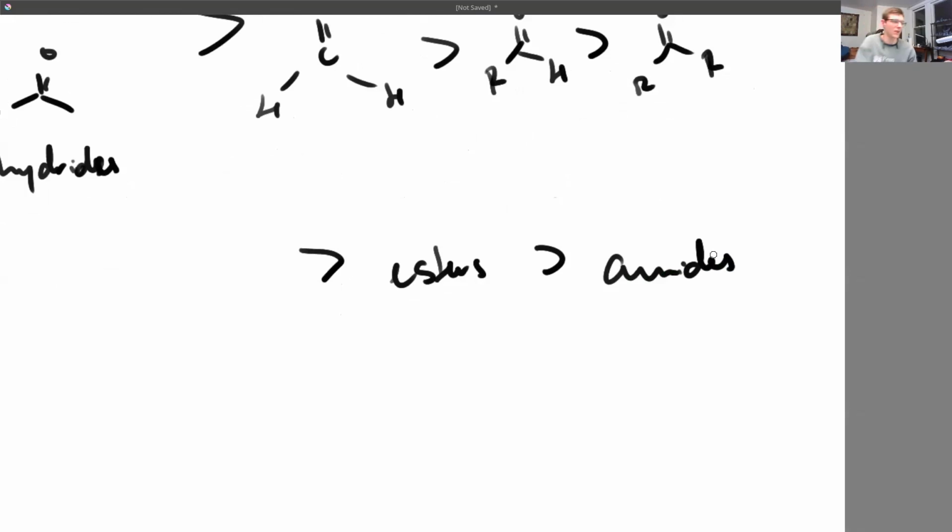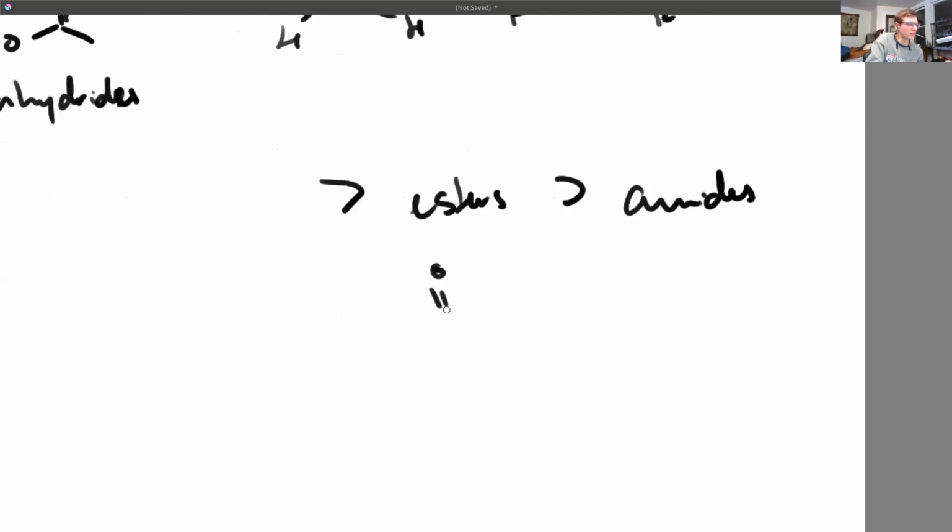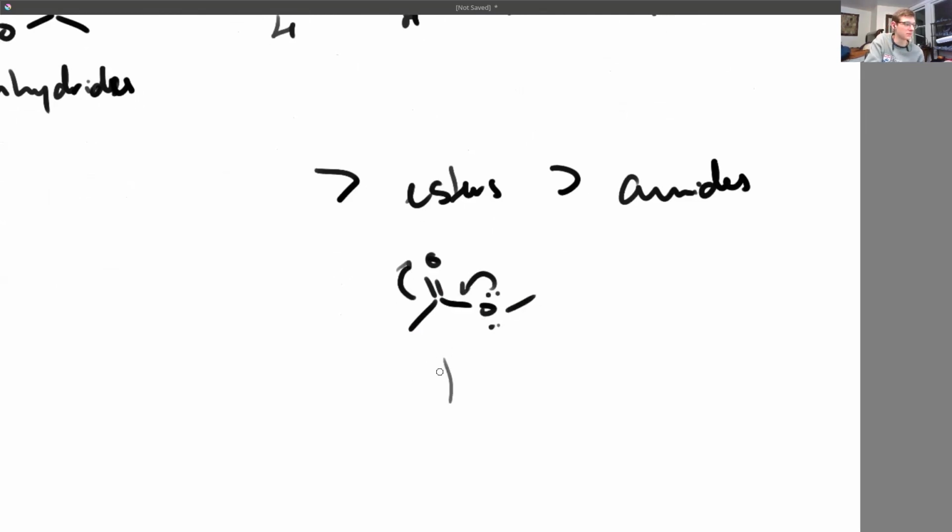Large part being that, for an ester, for example, you can get this resonance, which will kind of mess up the whole charge that you had here. You had a whole nice thing going, and then you put this resonance thing on there and it kind of messes that up.